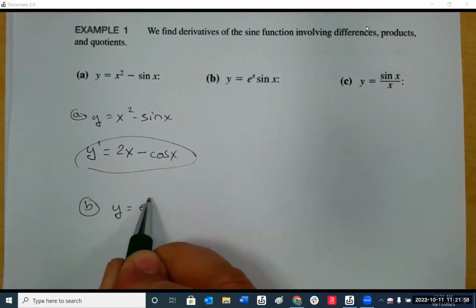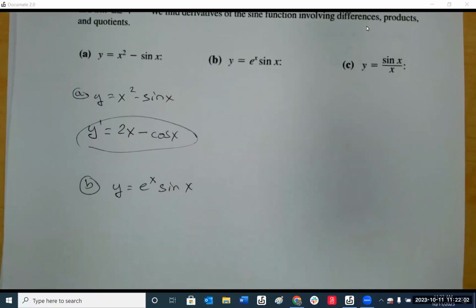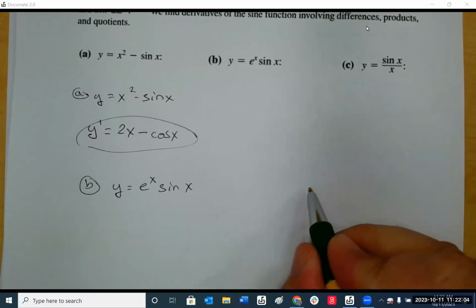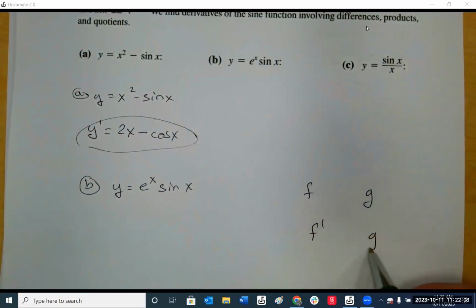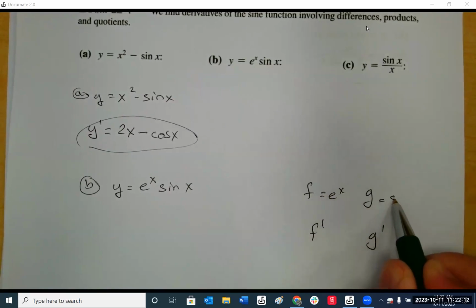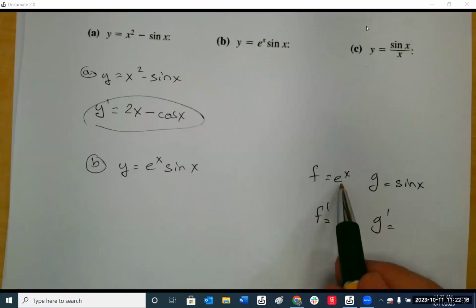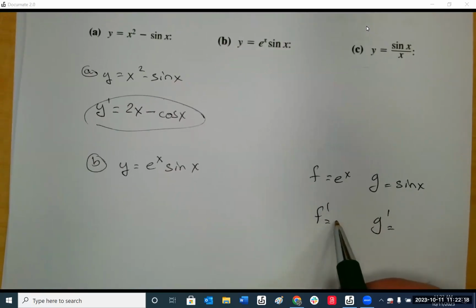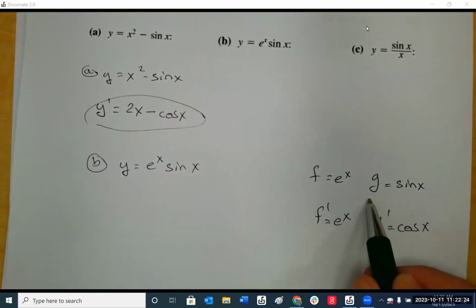y equals e to the power x times sine x. We have to use the product rule. So f g prime plus f prime g, with e to the power x and sine x. What's the derivative of e to the power x? e to the power x. Derivative of sine is cosine.